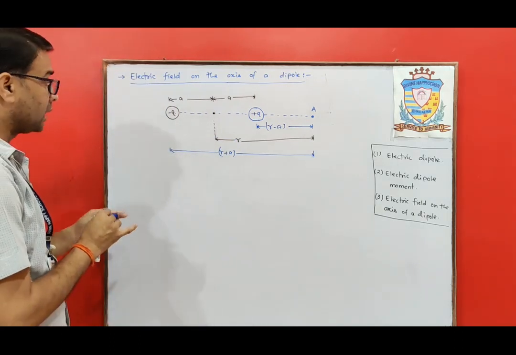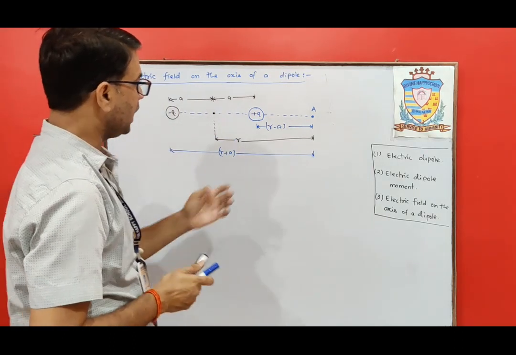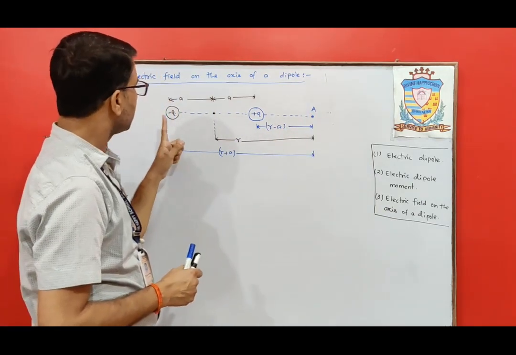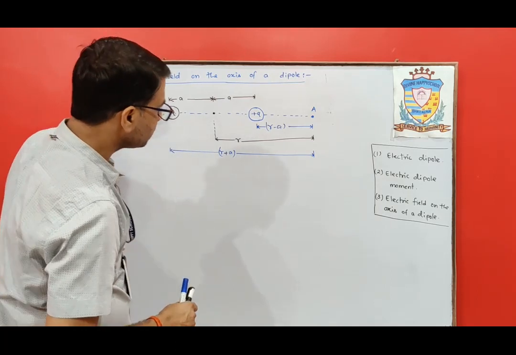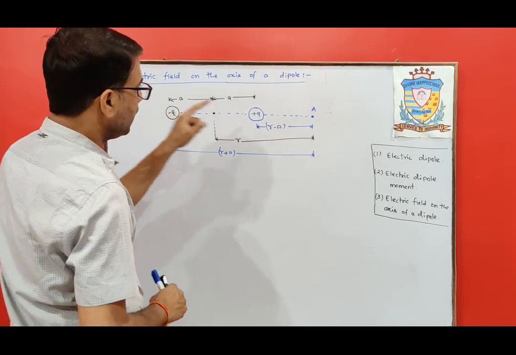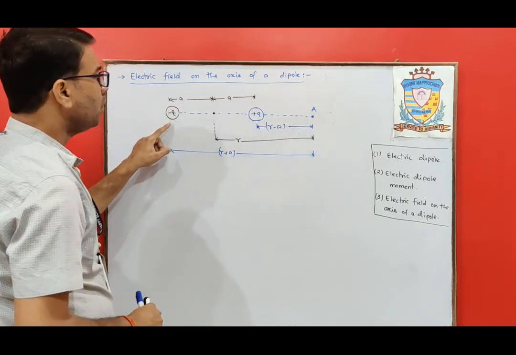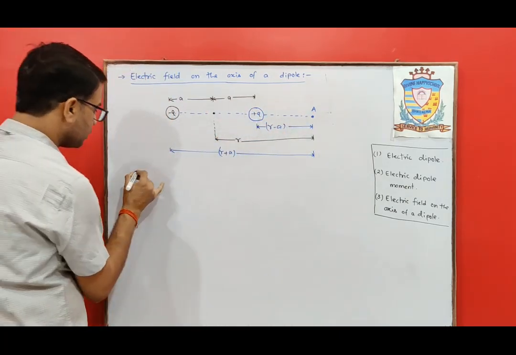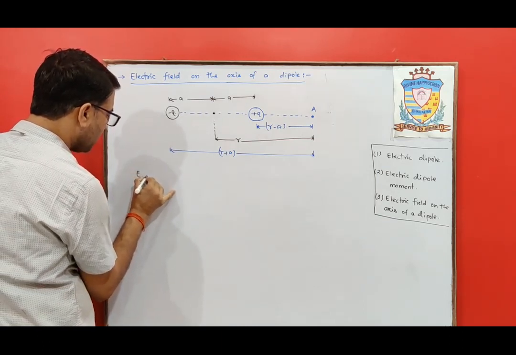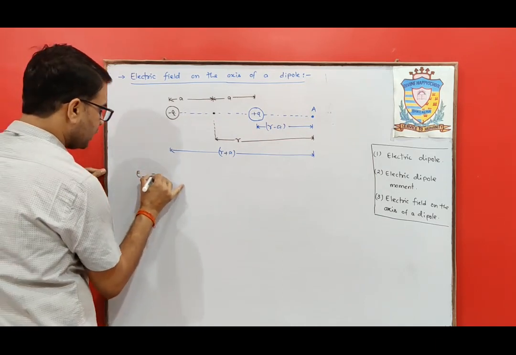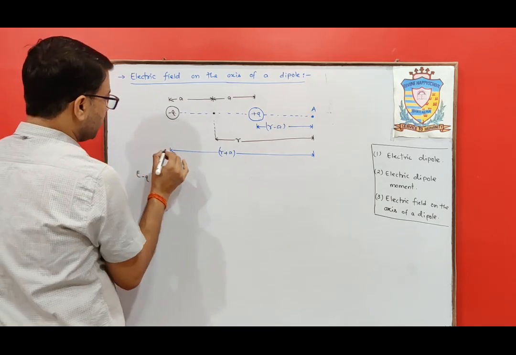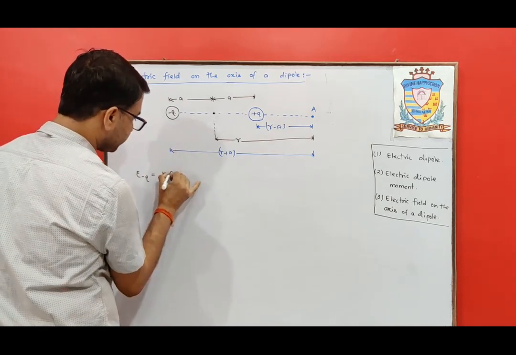Clear? Now we will calculate the total electric field at point A. First we'll find the electric field at A due to minus Q. Electric field due to minus Q is equal to KQ upon R square.